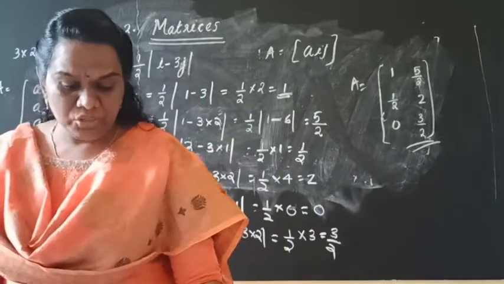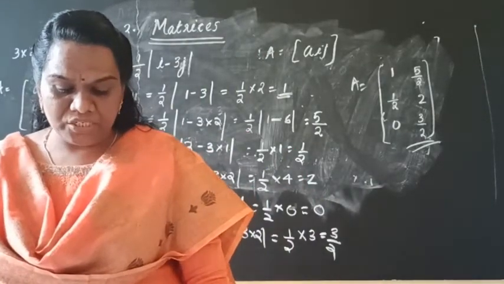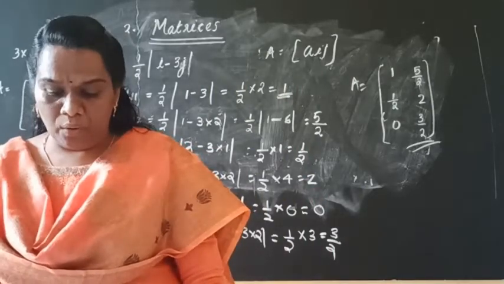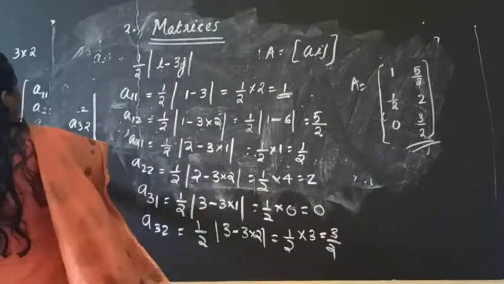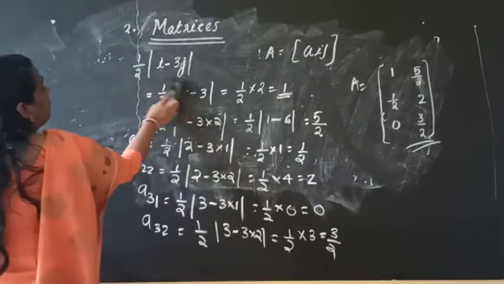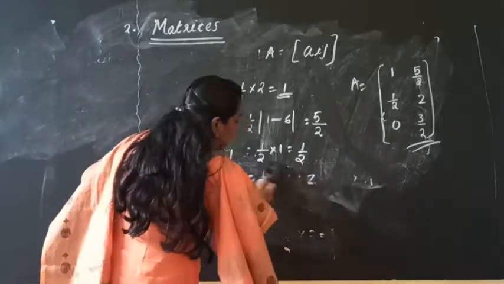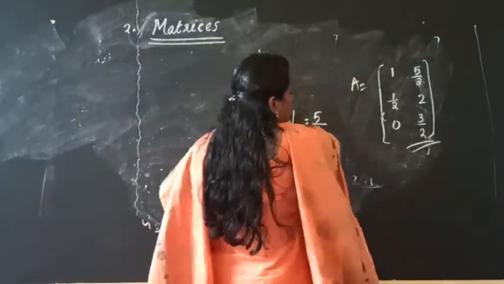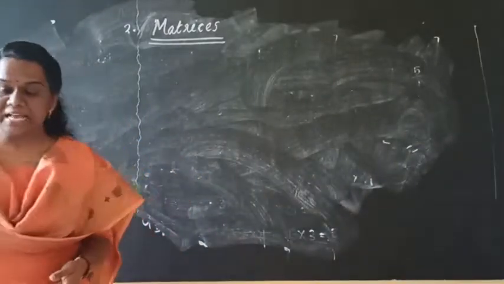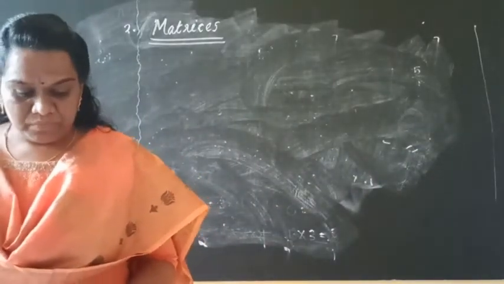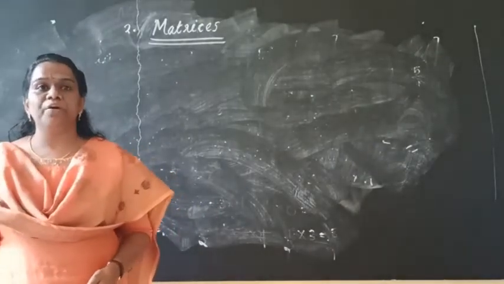Then the next question. If a matrix has 8 elements, what are the possible orders it can have?